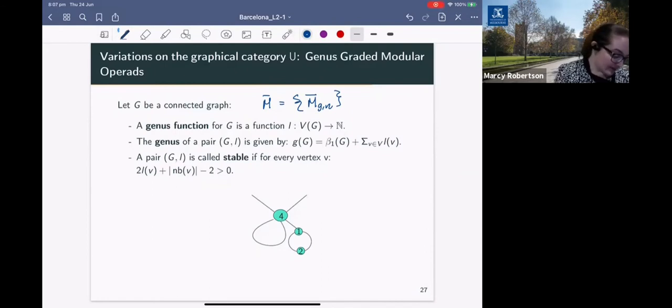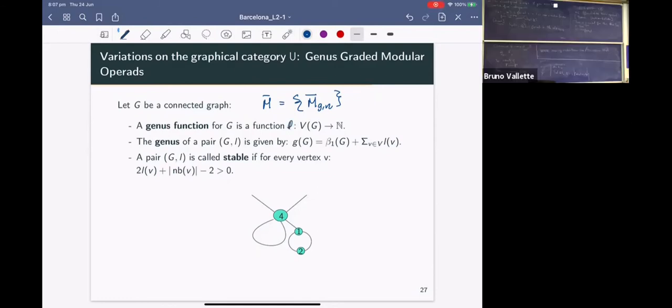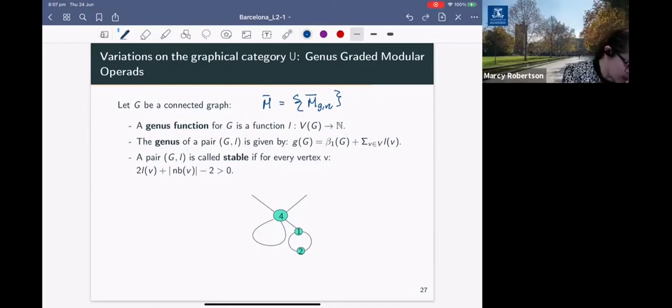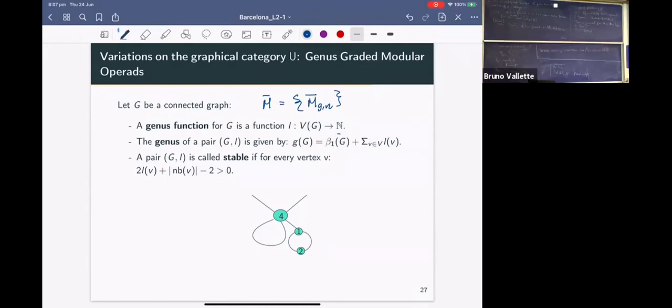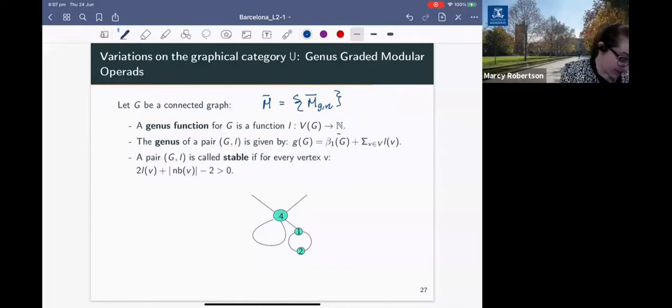So you can define a genus function, an L, which looks a little funny. Just by putting some numbers on the vertices, you can assign a genus to each vertex of your graph. In the picture I've drawn below, each vertex has a genus: this one's genus 4, genus 1, genus 2.